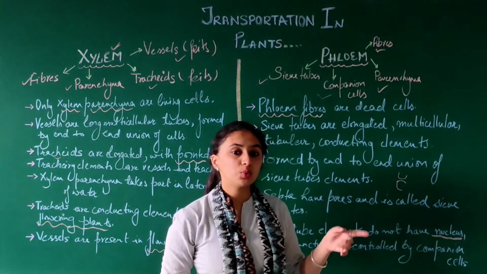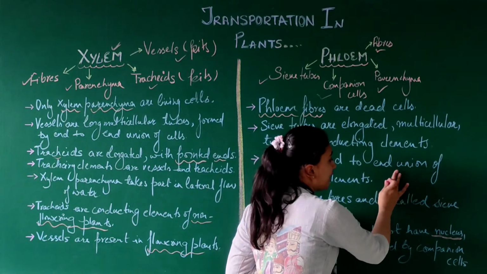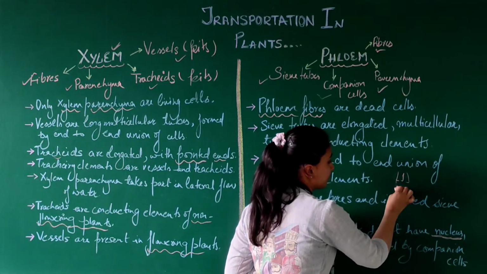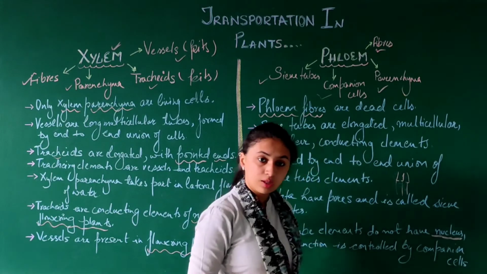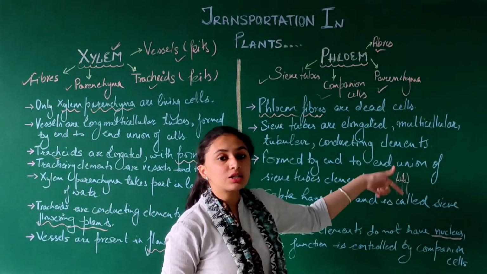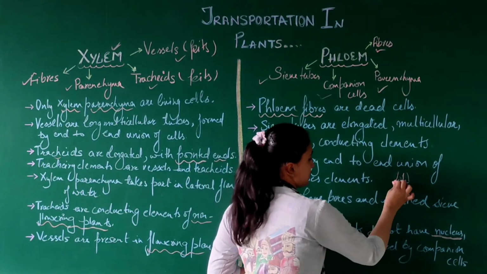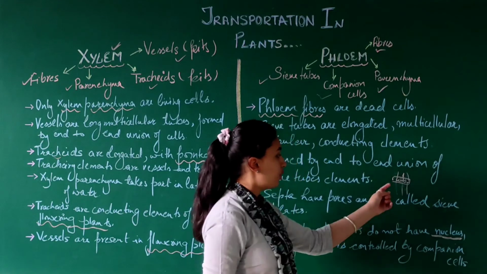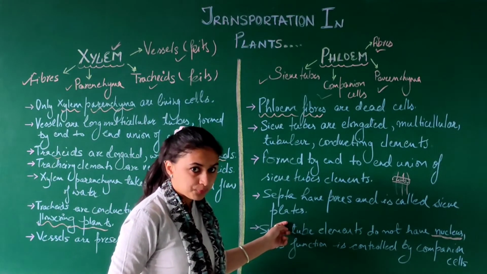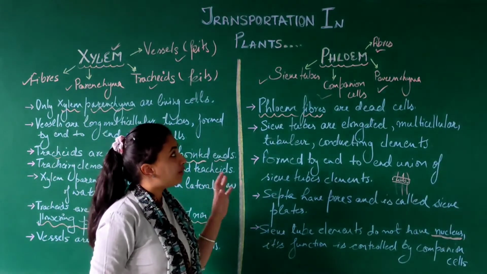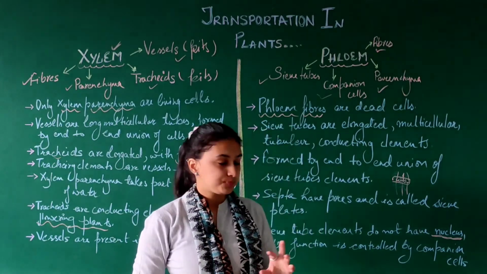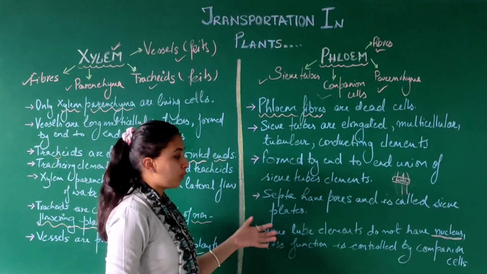Septa is the division between the 2 cells, but that septa consists of pores so that conduction can be done, and this septa with pores is known as sieve plates.